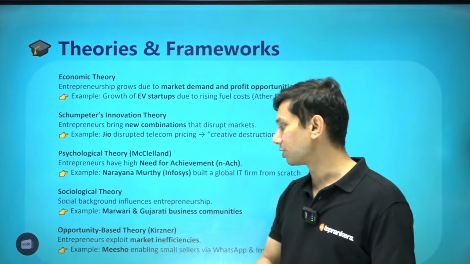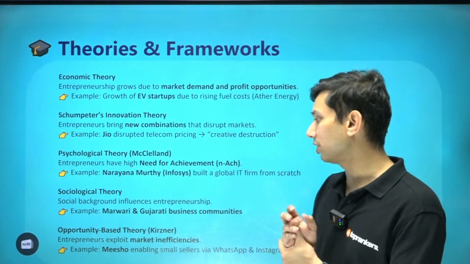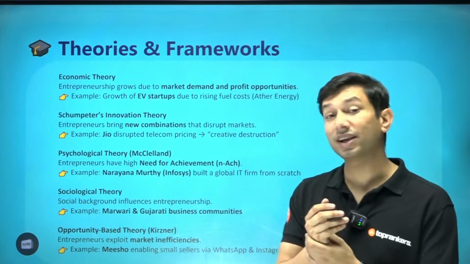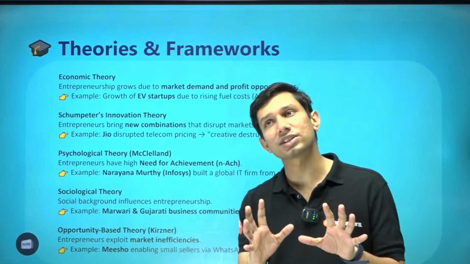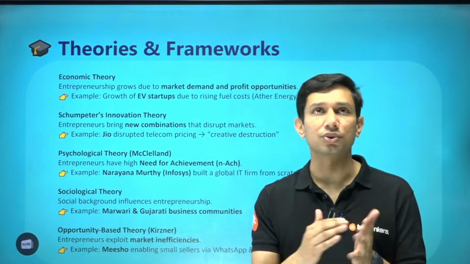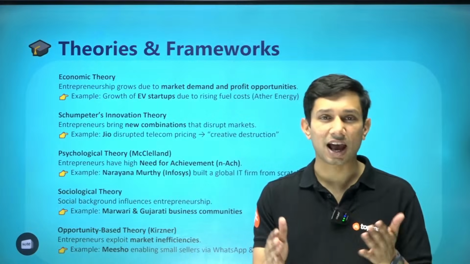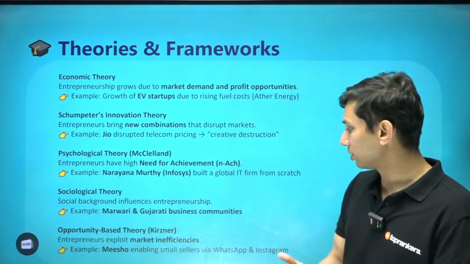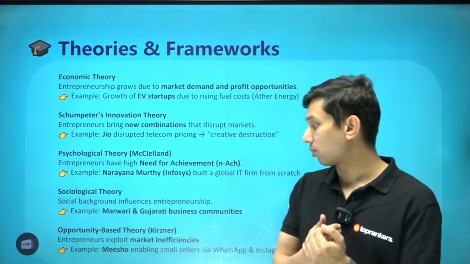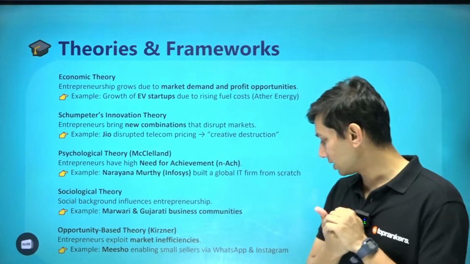Then there is opportunity-based theory, or Kirzner's theory. Entrepreneurs exploit market inefficiencies. Market inefficiencies are where the borderline of entrepreneurship and scam gets blurred a little bit. Say, for example, Meesho enabled small sellers via WhatsApp and Instagram.